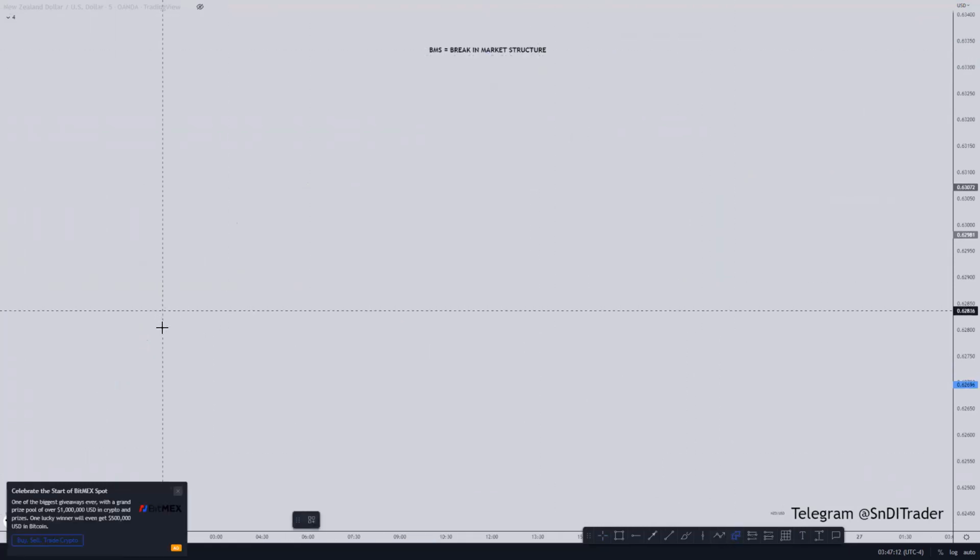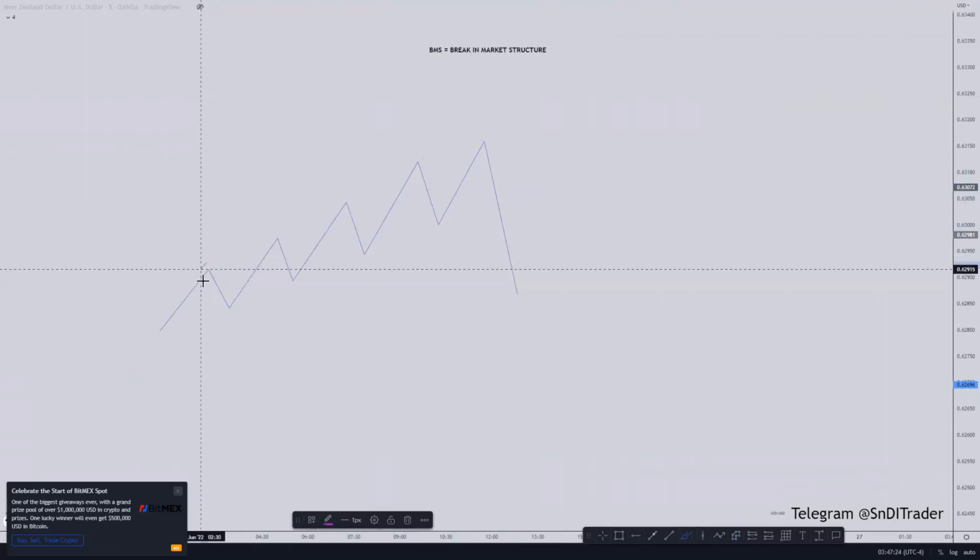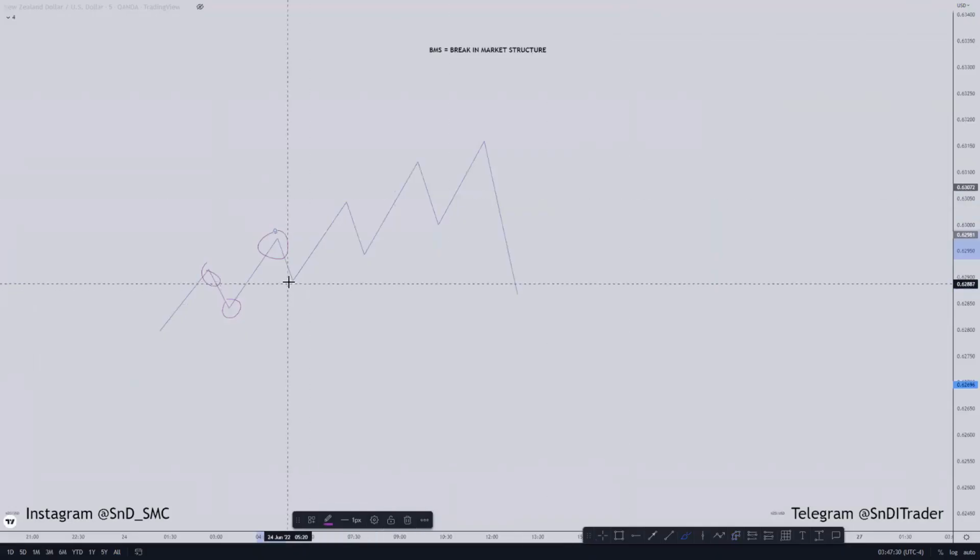Whenever price makes a higher high, higher low, higher high, higher low, and keeps continuing, and then makes a lower low. So you see, price was making higher high, higher low, higher high, higher low. This is the last higher high, and price has taken out this higher low.